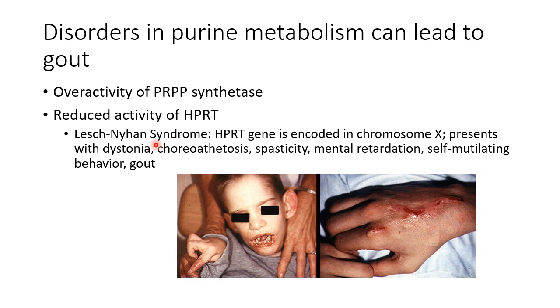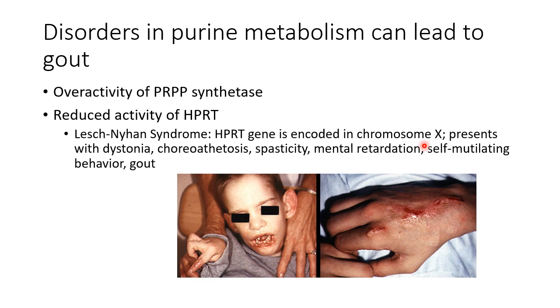So in Lesch-Nyhan syndrome, the gene for HPRT is deficient or absent. The gene is encoded on chromosome X. So patients with Lesch-Nyhan syndrome have a defective chromosome X, and in particular, the HPRT gene is affected. Without HPRT, again, hypoxanthine and guanine will accumulate, and this will form uric acid.